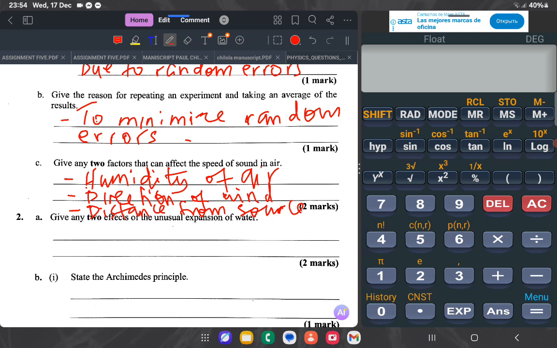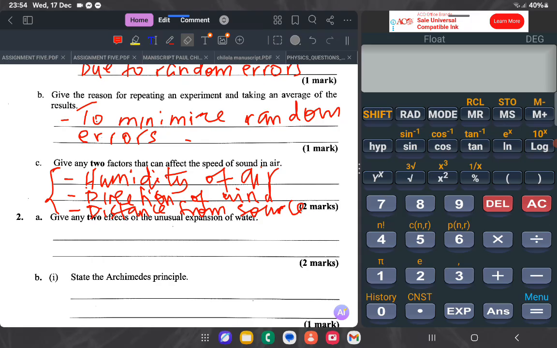Direction of wind: if the wind is blowing in the direction the sound is going to travel, the sound travels faster. So these are just some factors that affect the speed of sound in air.